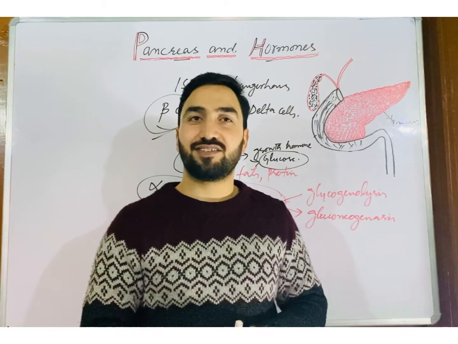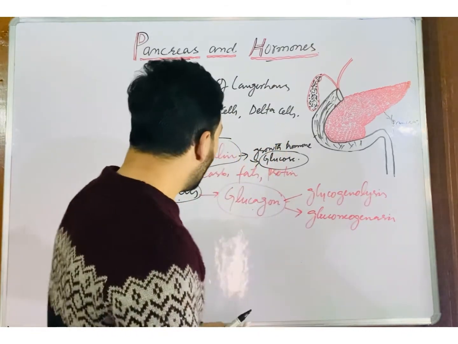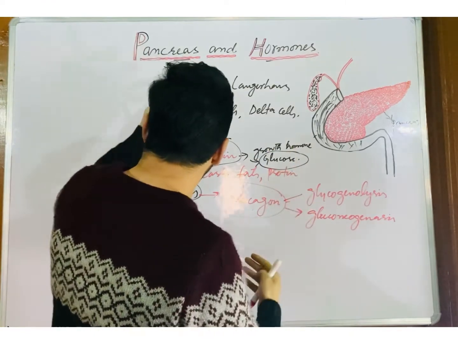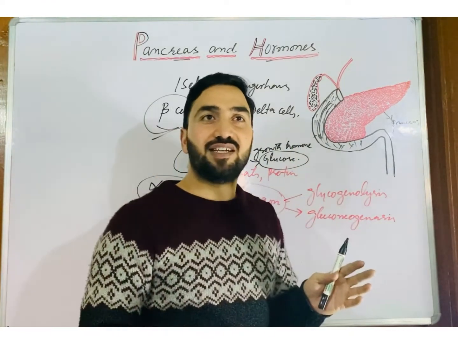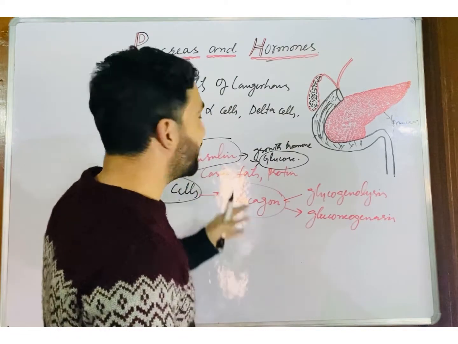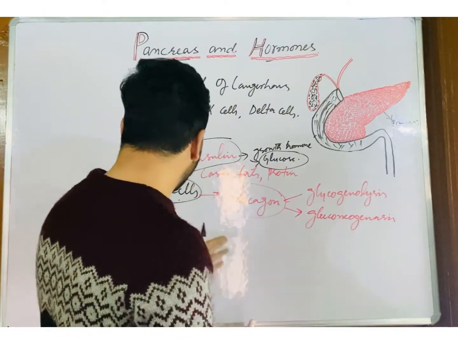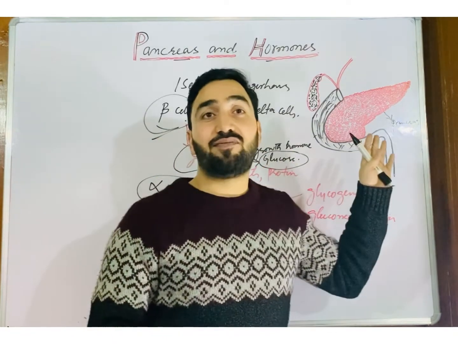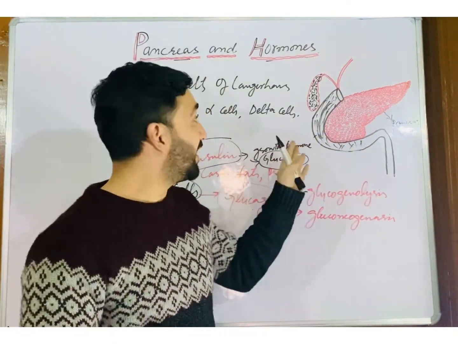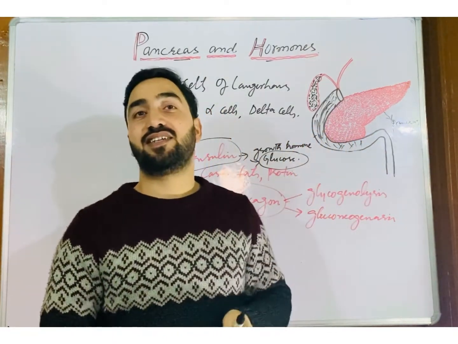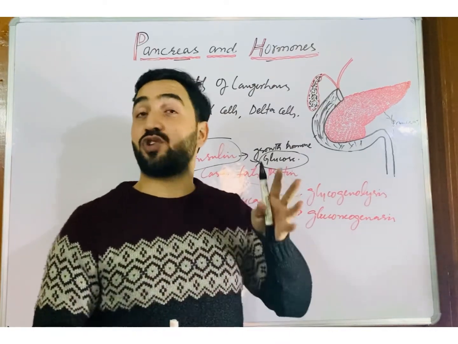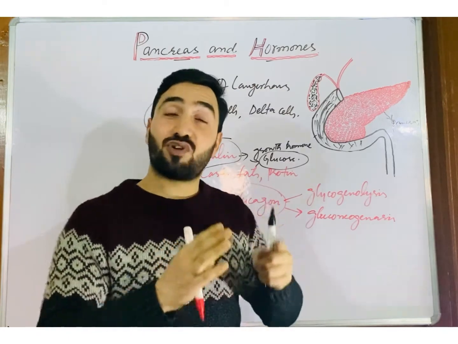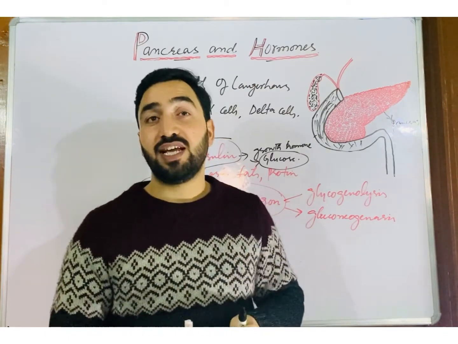You got my point? We have seen the function of the beta cells, and we have seen the function of the alpha cells. Similarly, the function of the delta cells: the delta cell produces a strong inhibitor of the growth hormone, and a strong inhibitor of insulin and glucagon.